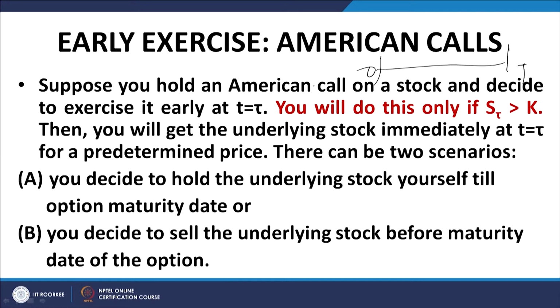The argument, or rather the contention, is that it is never optimal to early exercise the American call. In other words, you do not benefit as the holder of the American call by exercising the American call early. So, what does it mean?